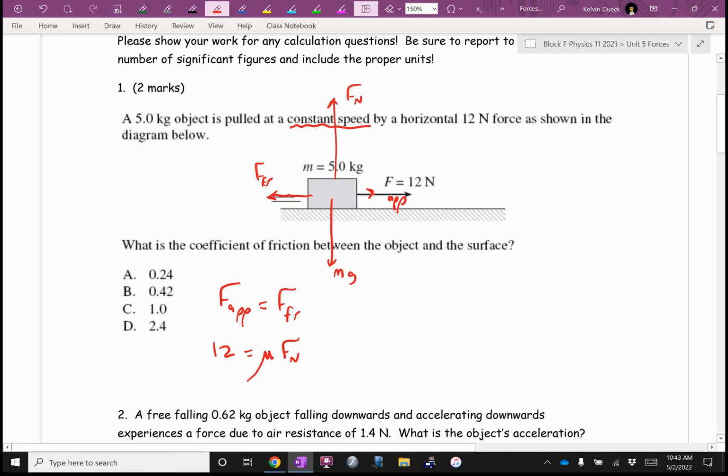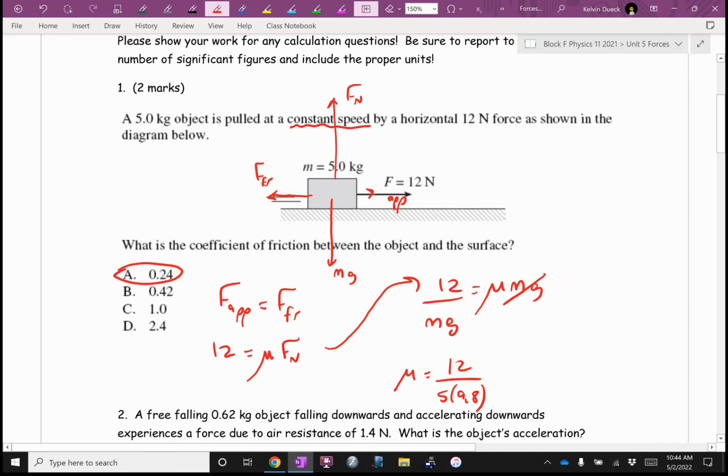I don't know the normal force. Oh, but look. I know the force the same size as the normal force, mg. I can say 12 equals mu mg. And now to get the mu by itself, I'll divide by mg. I think it's going to end up being 12 divided by 5 times 9.8.